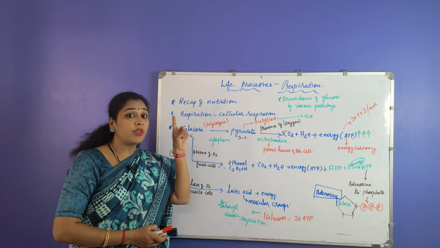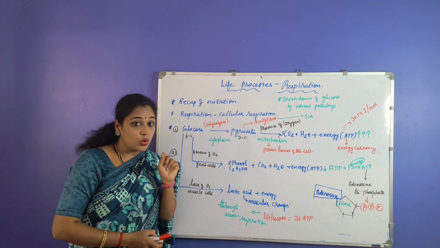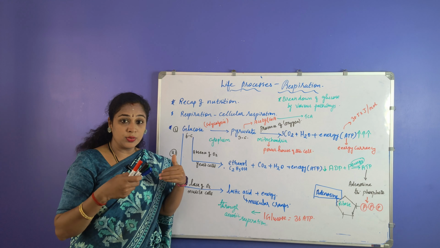Inside each and every cell, these nutrients which were broken down in the small intestine now reach the cell, and in every cell they break down through different pathways and mechanisms to produce ultimately something called energy.